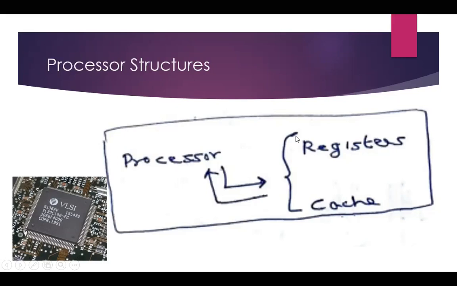The first of these volatile memories is known as registers, and the second is known as cache. These registers and cache are small sized memory systems which are inside this processor. The processor uses these for various calculations. It is the immediate memory available to the processor, and it is integrated inside it.